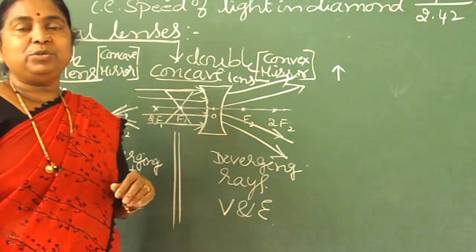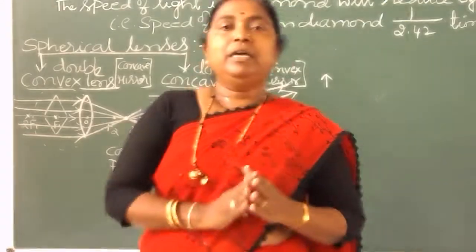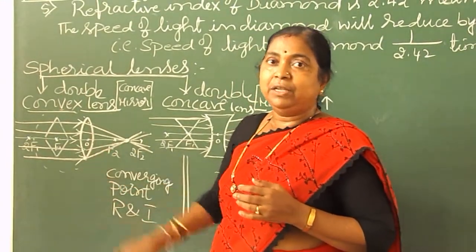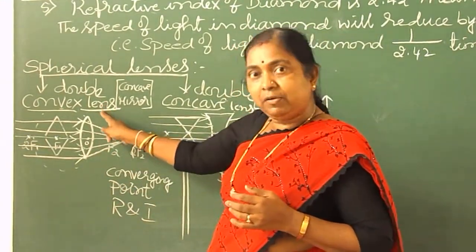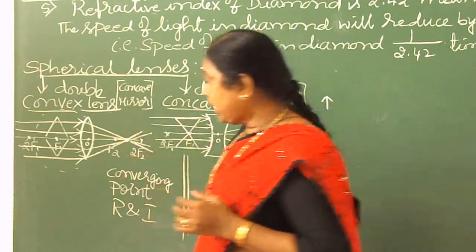I hope you understood the difference between the lens and the mirror. A mirror is always reflection, whereas lenses are refraction. Whenever you compare with the convex lens, keep the concave mirror in mind, because the same thing takes place in the concave mirror.